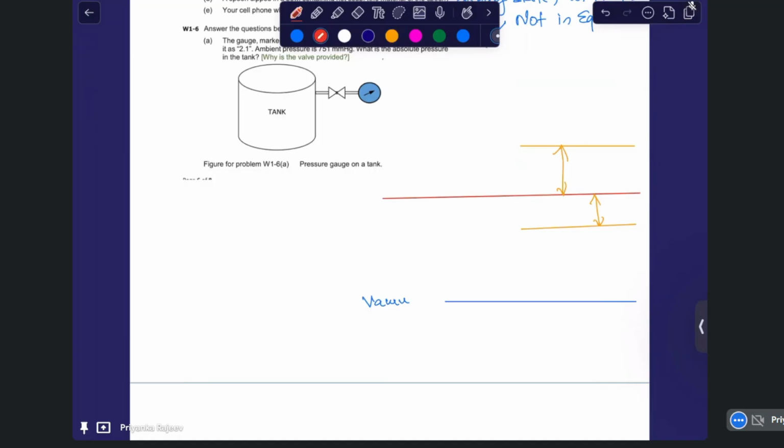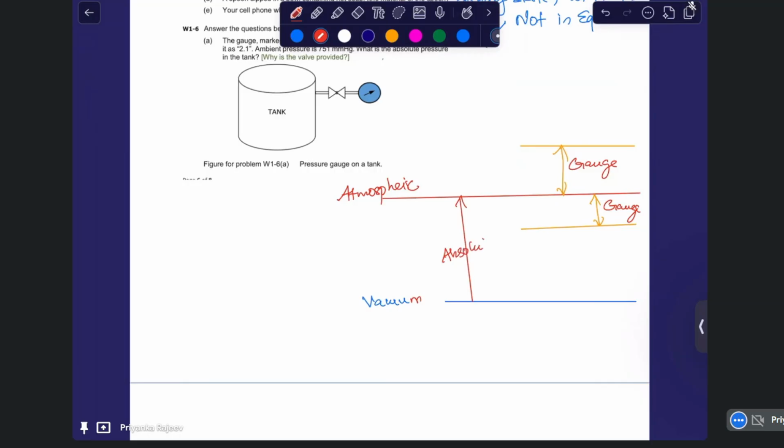So this is atmospheric pressure. And this is gauge. This is also gauge pressure. So whatever pressure we are measuring with respect to atmospheric pressure is called gauge pressure, and whatever pressure we are measuring with respect to vacuum is called absolute pressure.